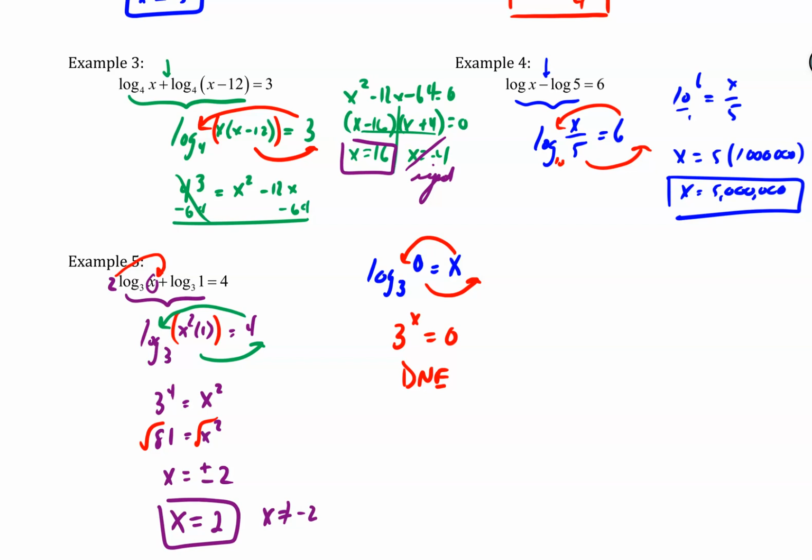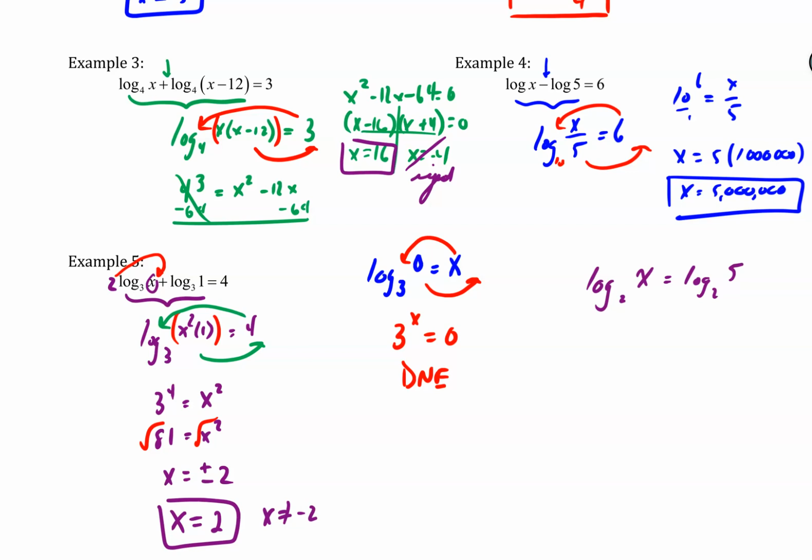One other thing, and I'll do this real quick because the video is getting a little long. If you have an equation, and we're going to talk more about this, but just as a brief intro, let's say log base 2 of x is equal to log base 2 of, let's say, 5.